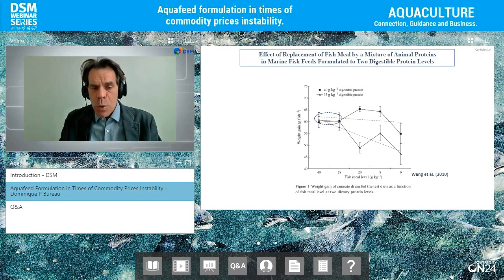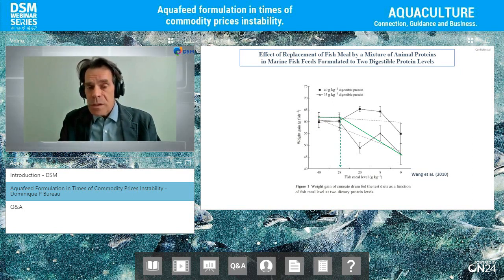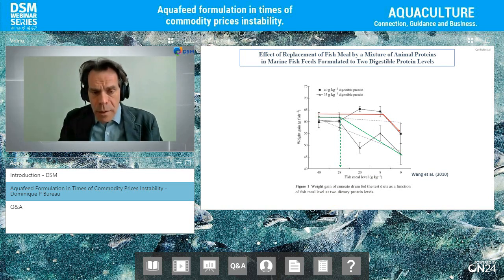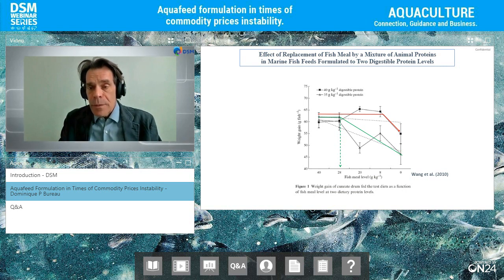He could not use more than a certain amount of his protein mix. But if he formulated his feed to a slightly higher protein level, 40% digestible protein, then he could replace a lot more, and he could formulate down to 8% fish meal. So in the low protein feed, he had to formulate to about 28% fish meal, and in a higher protein feed, he could replace much more fish meal.